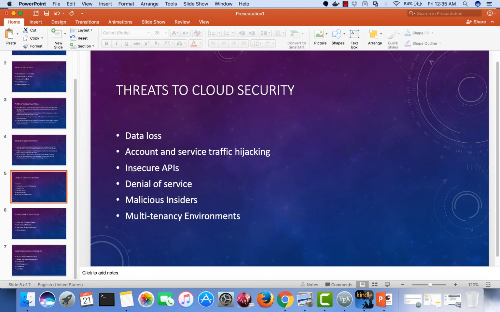To understand the types of threats that exist in the cloud and how they can affect your environment, we're going to go over a list of security issues that are universally recognized as being the biggest. But these are not the only issues facing cloud environments. This is just a handful.